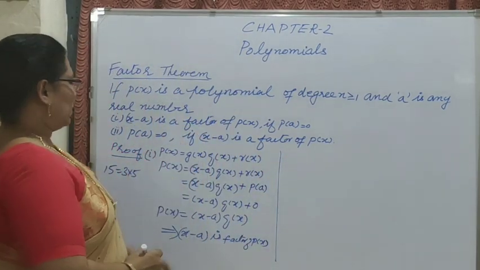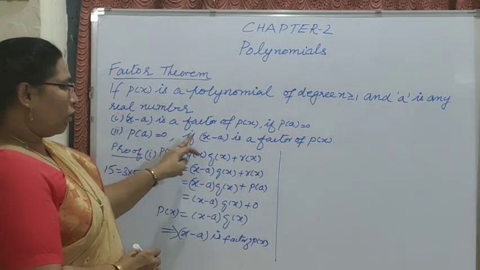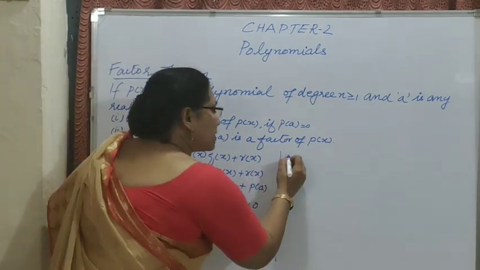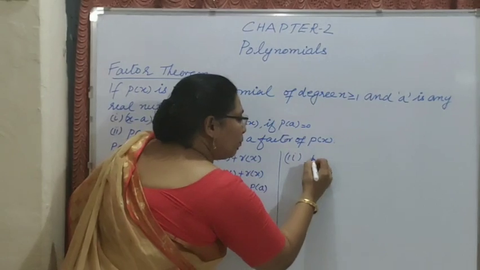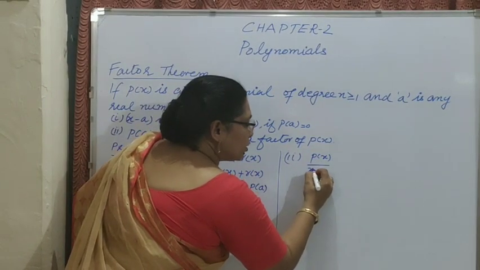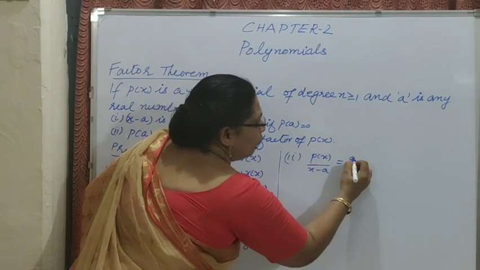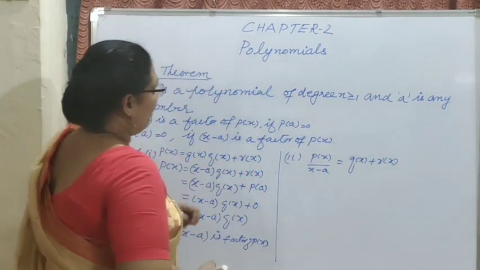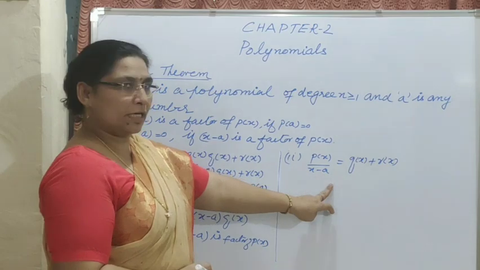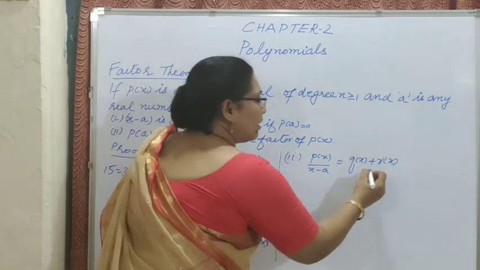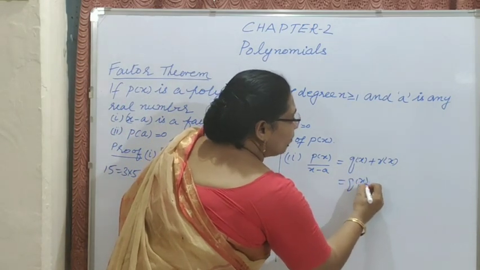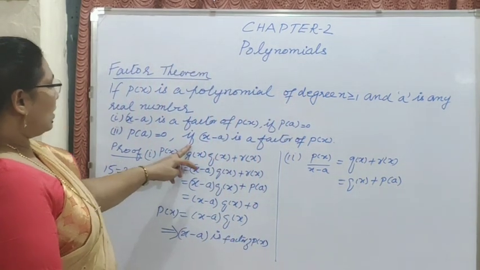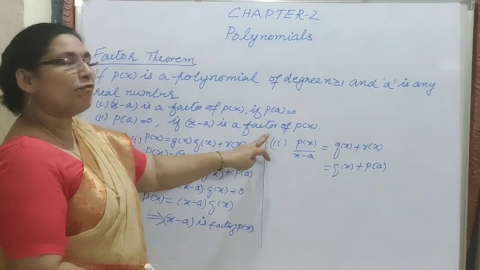Now the second part: p of a equals 0 if x minus a is a factor of p of x. If p of x is divided by x minus a, we are able to find a quotient and also a remainder, right? But if x minus a is used as a divisor, then the remainder is naturally p of a only. Here it is given that x minus a is a factor.